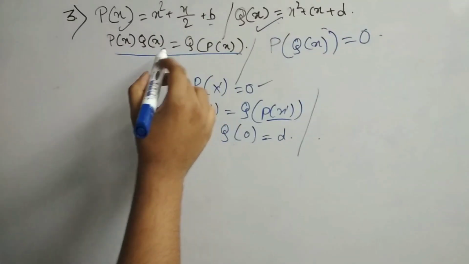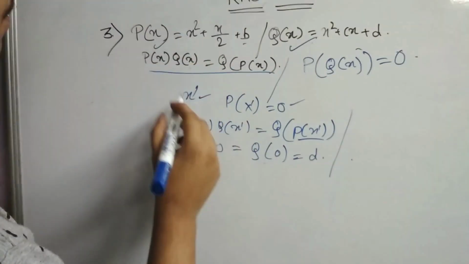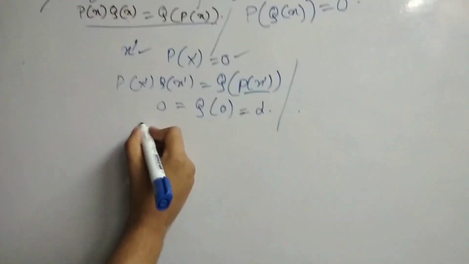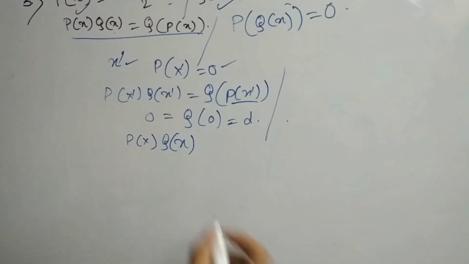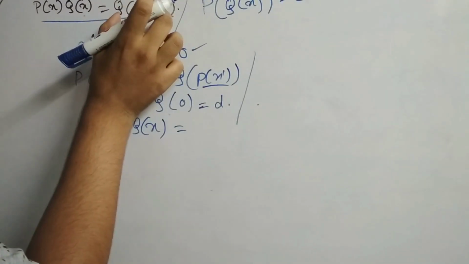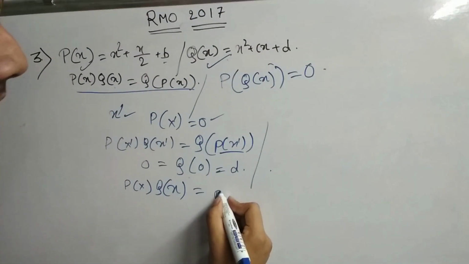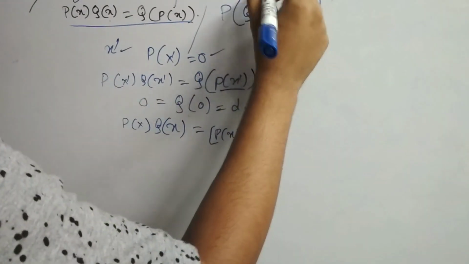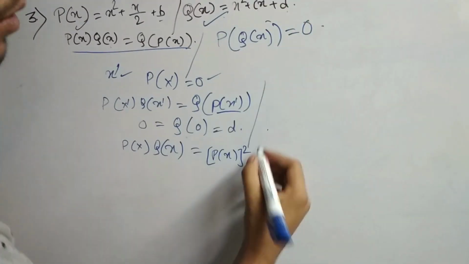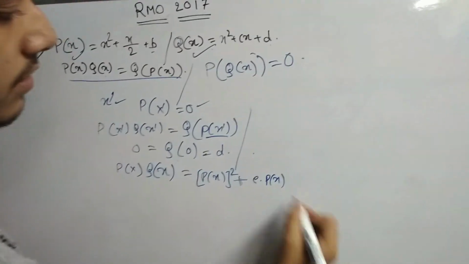Now we need to find the other coefficients too. Again, come back to this relation, P(x) times Q(x) equals Q(P(x)). If we just put in the values now, Q(P(x)) will be, just put in P(x) here, P(x) whole squared plus c times P(x), and d is 0, so there is no d, plus c times P(x).